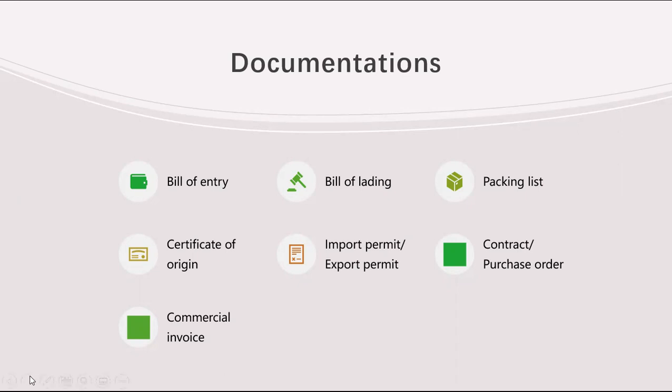First, I want to talk about the bill of entry. The bill of entry is a document that you submit to your customs agency, and you tell them what type of goods you are importing and what their HS code is.